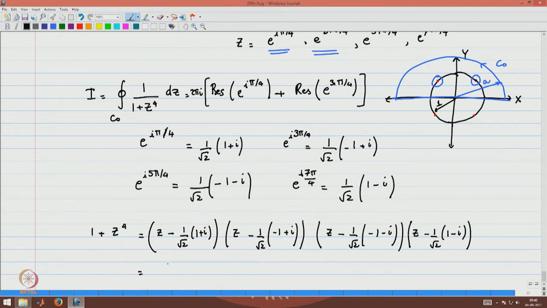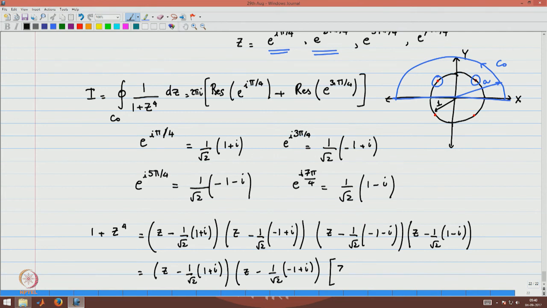I will write this as (z minus 1 by root 2 times (1 plus i)) times (z minus 1 by root 2 times (minus 1 plus i)).